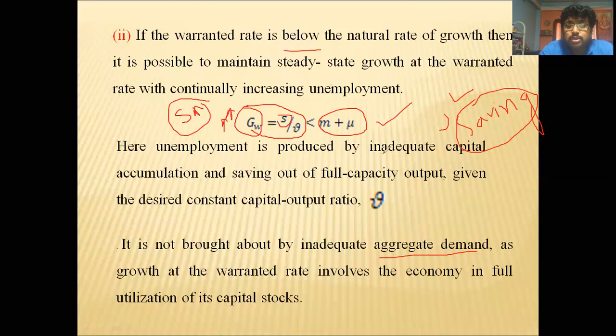So by using the Keynesian thought, we cannot remove this type of problem. We can remove this problem by increasing the savings rate and by lowering the capital-labor ratio.